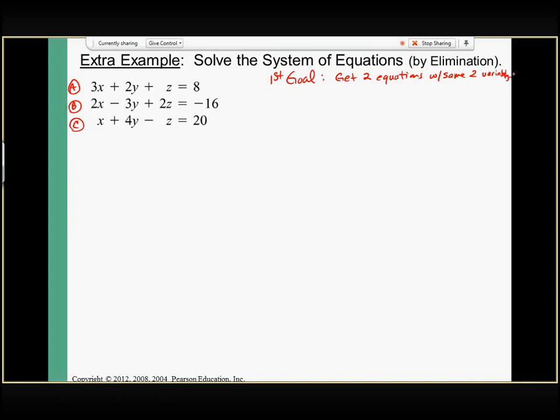The same 2 variables. Or the book will describe it to eliminate the same variable in 2 different equations.